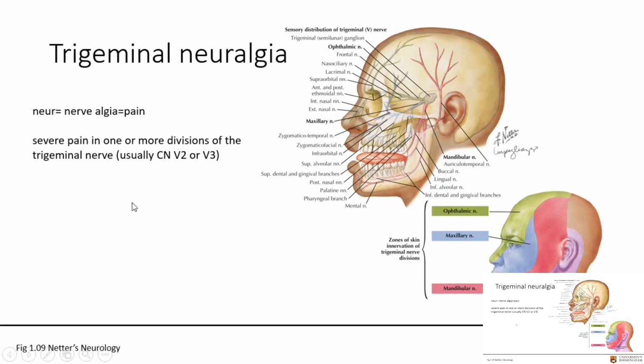It could be pain in one or more divisions of the trigeminal nerve, usually affecting V2 and V3. So it will be these regions of the face. It presents as a really severe, excruciating pain. To distinguish this one from other types of facial pain, we can map the regions where the trigeminal nerve is running through.